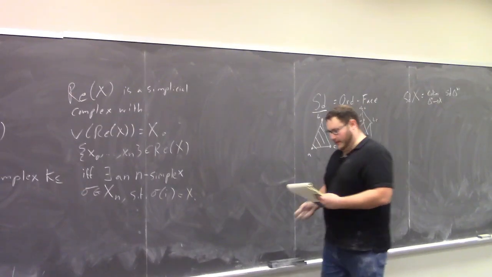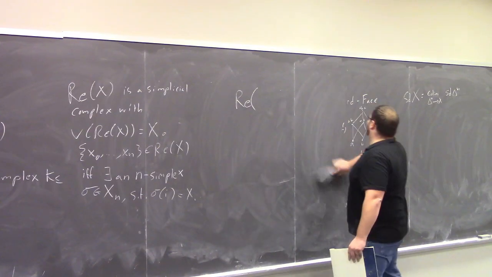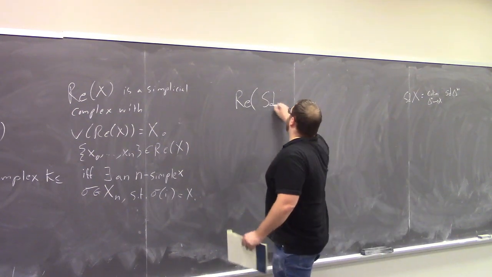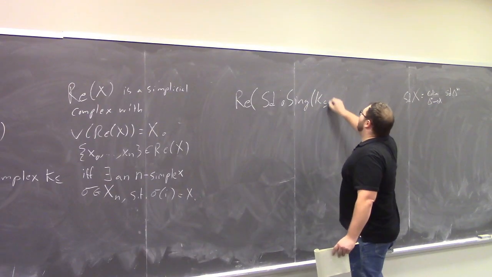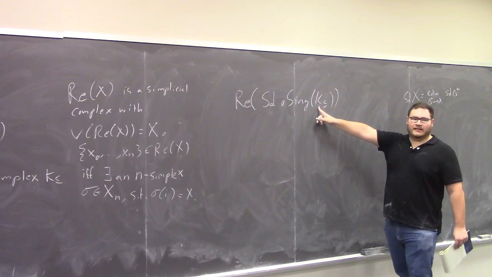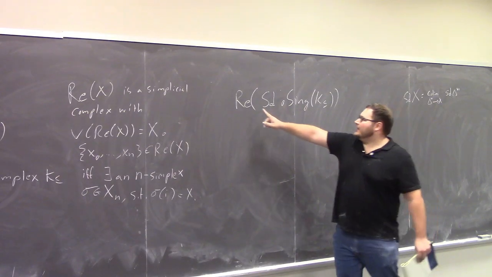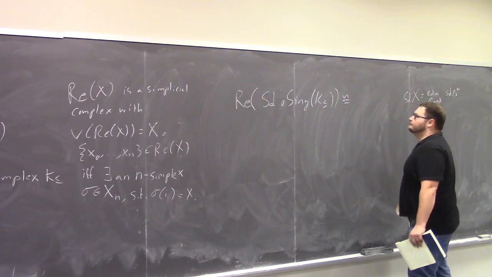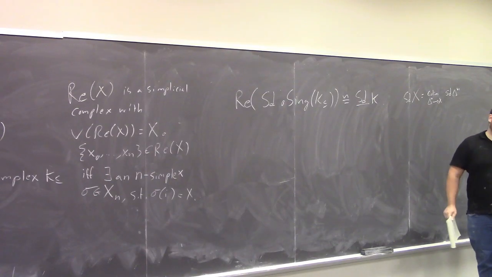And it has the nice property that if I take the subdivision of an ordered simplicial complex, so remember I have an ordered simplicial complex, I make it into a simplicial set, I subdivide it as a simplicial set, and then I realize it as a simplicial complex, that's the same thing as a subdivision of the simplicial complex.